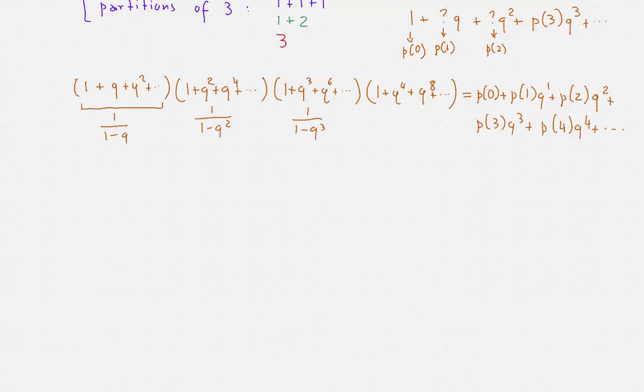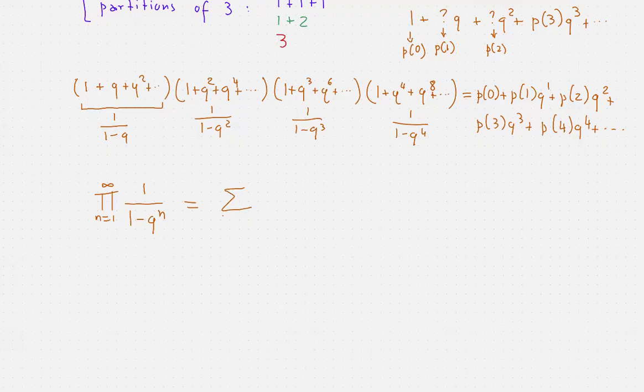So the product, this denotes the infinite product from n equals 1 to infinity of 1 over 1 minus q to the n, is equal to the sum from n equals 0 to infinity of p of n times q to the n.